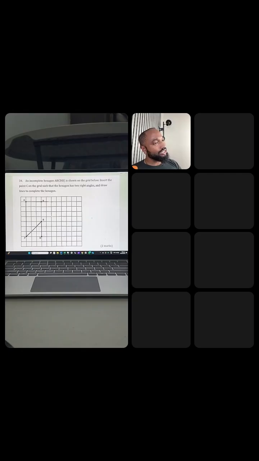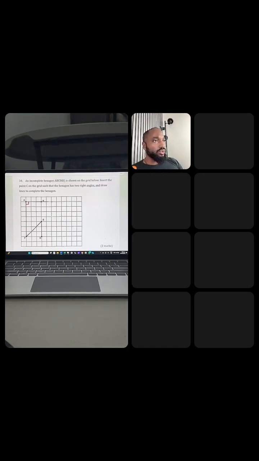It's a hexagon, an irregular hexagon, so all the sides don't have to be the same. There's one right angle here already. The only prerequisite is that the hexagon has 2 right angles, and then draw the lines to complete it.